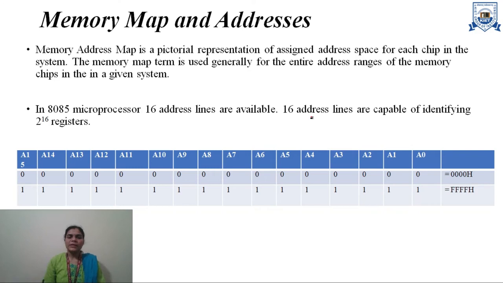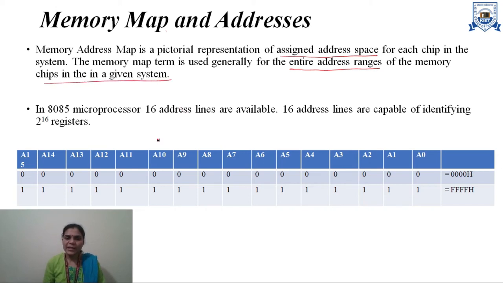Now, in this section, we will discuss how to make a memory map. A memory address map is a pictorial representation of assigned address space. We can show the memory address range with the help of a memory map. The term memory map is generally used for the entire address range of the memory chips in a given system.